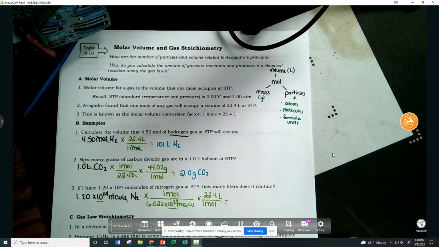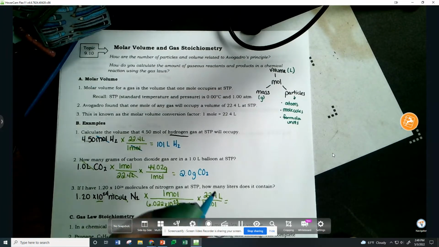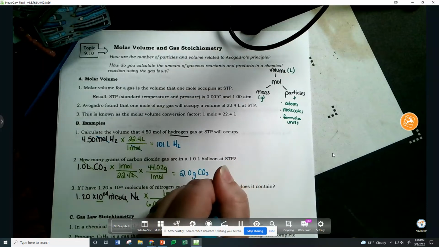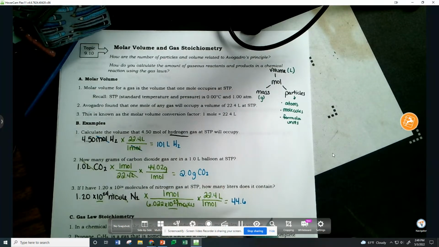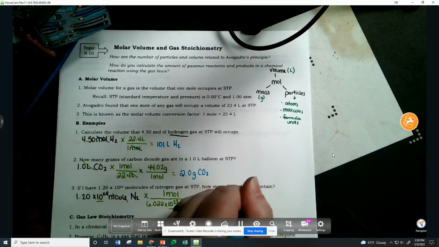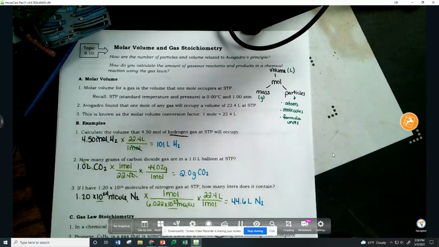If you run that through correctly on your calculator, I got an answer of 44.6. And that is going to be liters of nitrogen. Okay, so that's the first part that we're working on today.